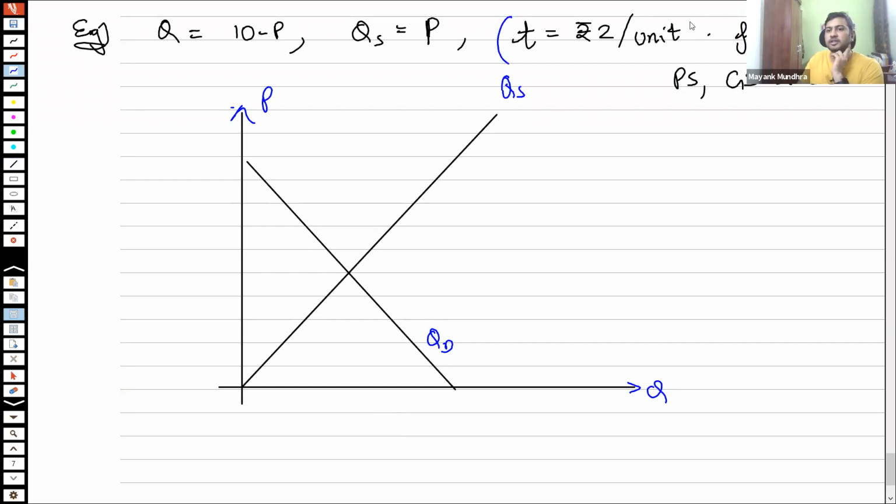So first, forget this part, ignore it. When ignoring this bit, what is going to be the equilibrium price?